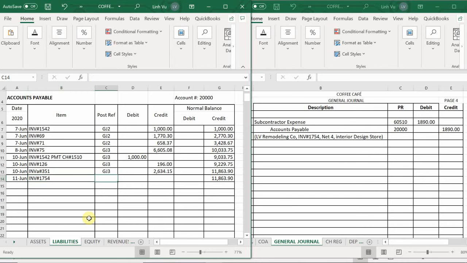That's all you need. General journal number 4. And this time we need to credit our account by $18.90. Once we do that, it's going to recalculate to say that now we owe $13,753.90.